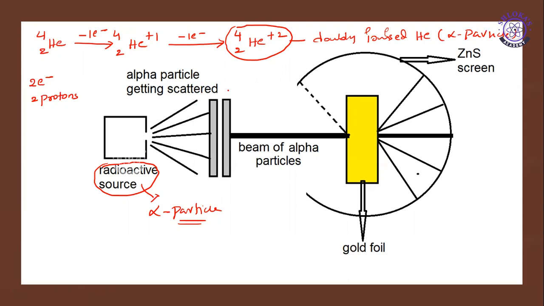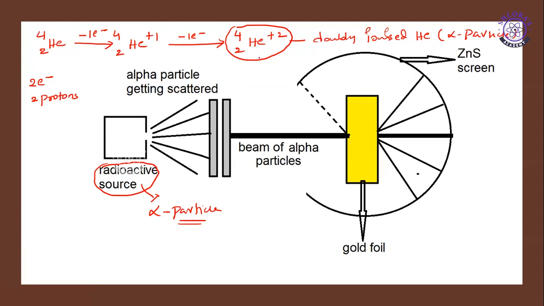If I ask you what the charge on the alpha particle is, it is a positive charge, and the magnitude is +2. Magnitude is 2 and its sign is plus.